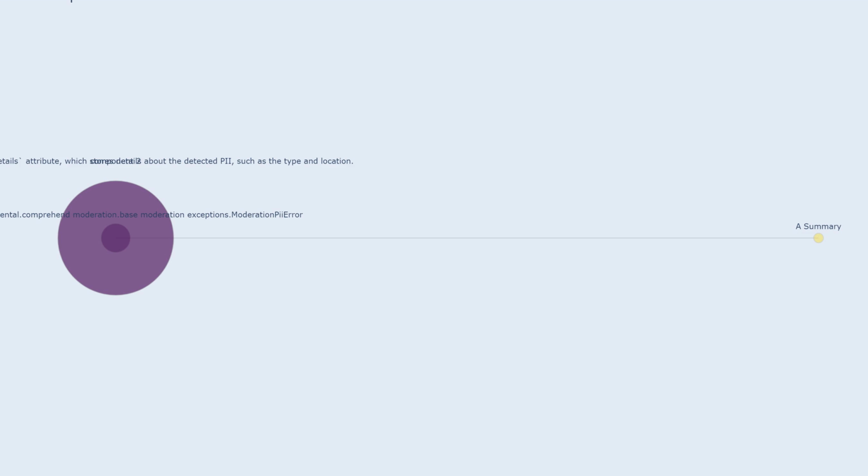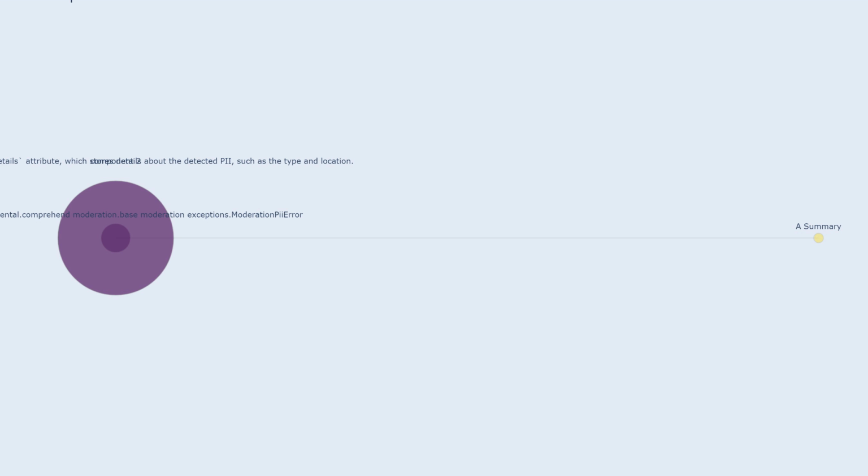The exception includes a pii_details attribute, which stores details about the detected PII, such as the type and location. This attribute provides valuable information to developers, enabling them to understand the nature of the detected PII and its context within the input text.